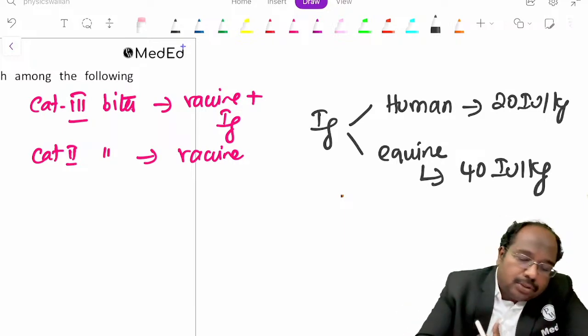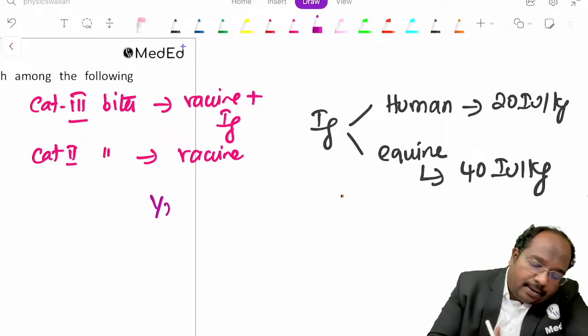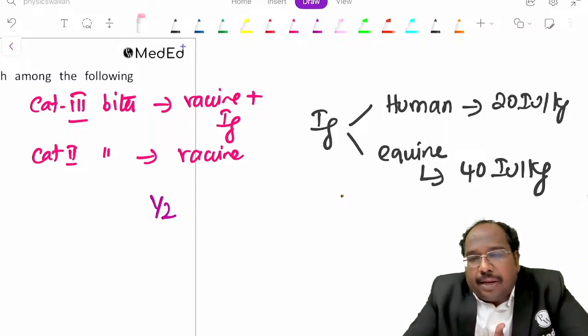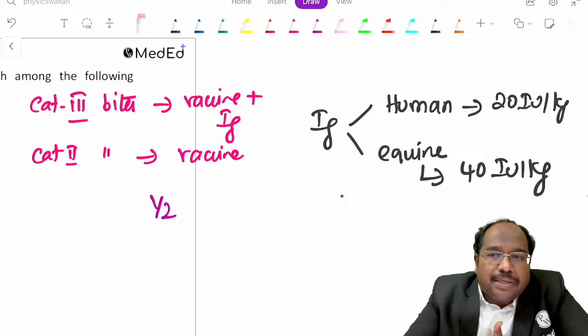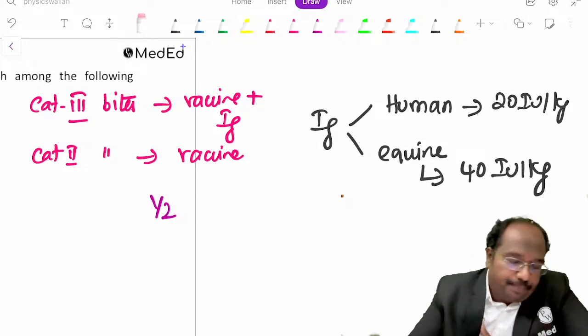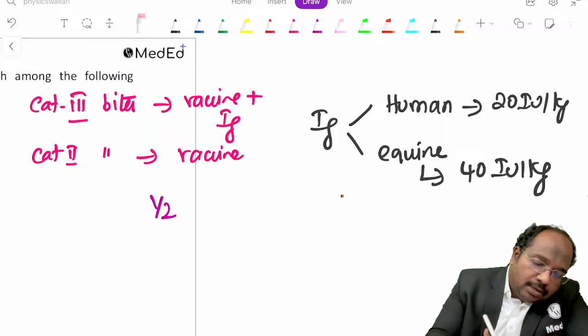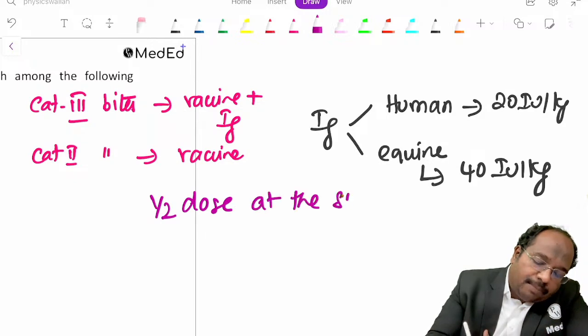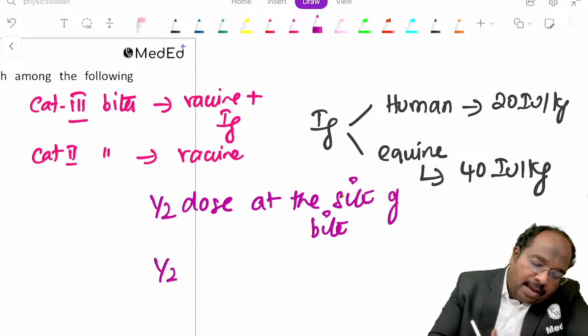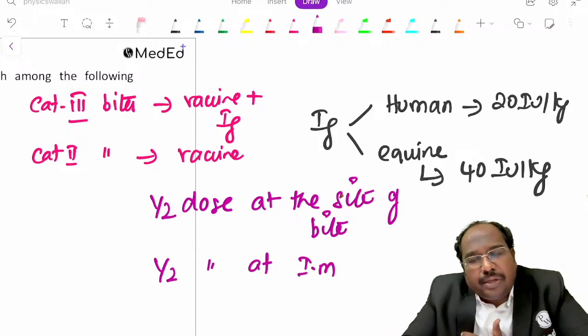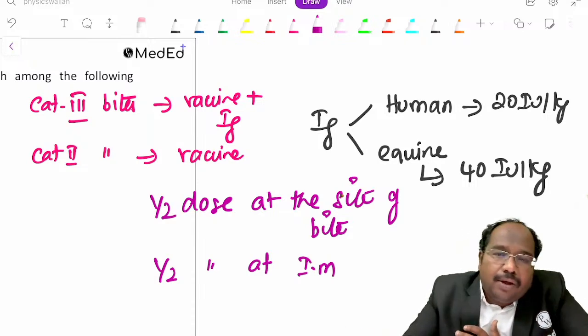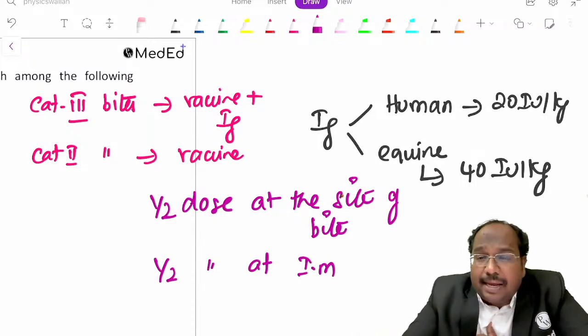You can give human or equine, but in most government hospitals equine immunoglobulin is provided. Half the dose you provide around the wound at the site of the bite, and the remaining half you can give IM at another site.